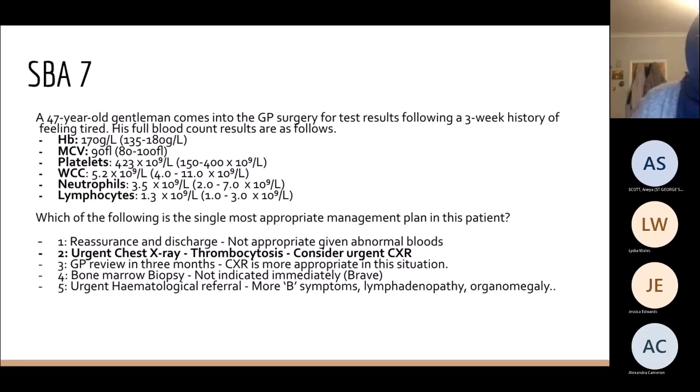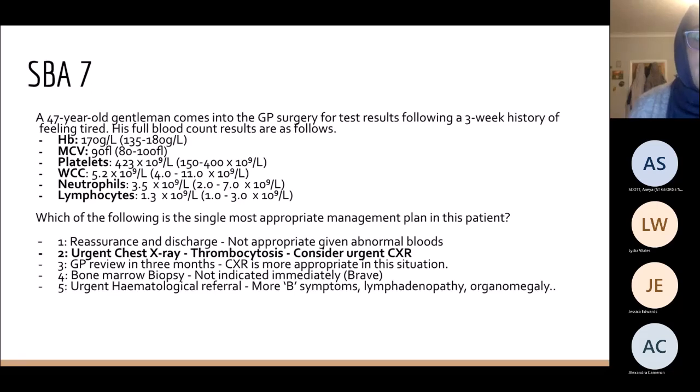So this gentleman comes in with a 3-week history of feeling really tired. His bloods, the only thing that is different is his platelets, which are slightly raised. So he's got a little bit of thrombocytosis.